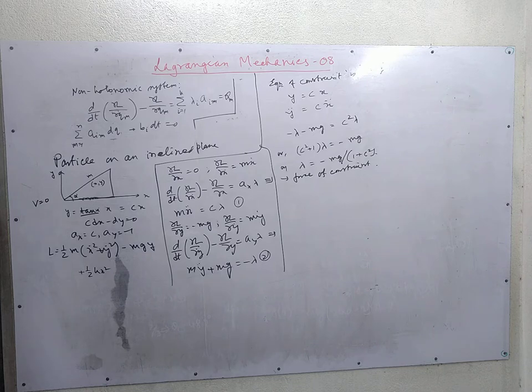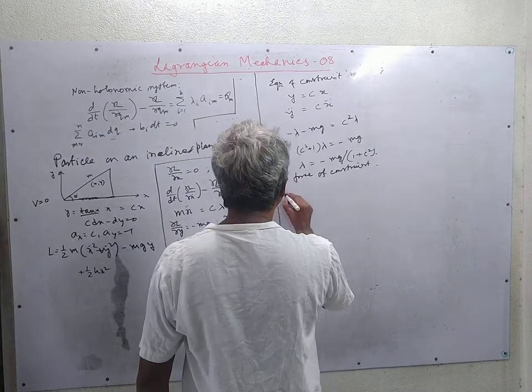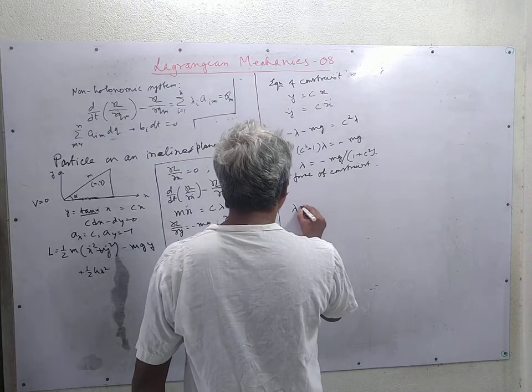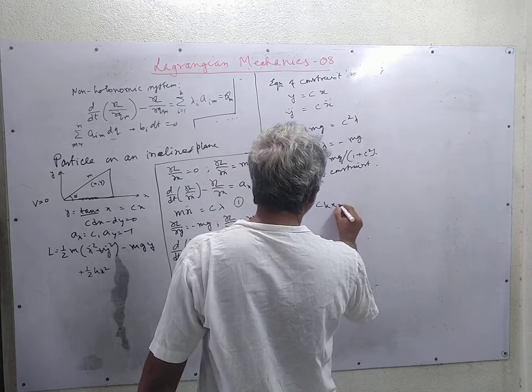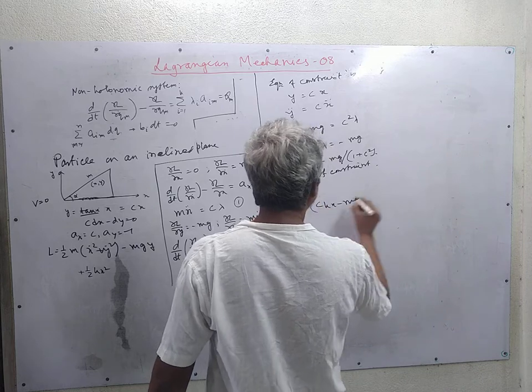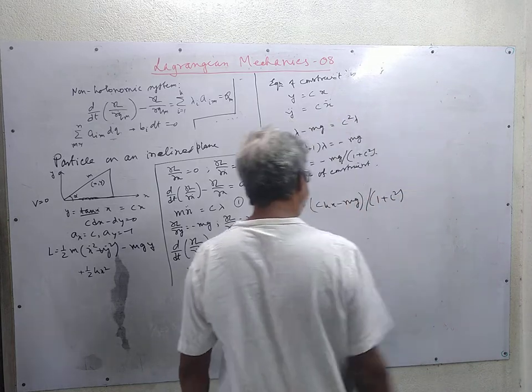And finally, in this case the lambda equation changes to lambda is equal to (ckx minus mg) divided by 1 plus c square.